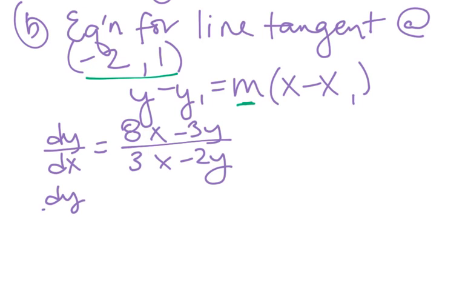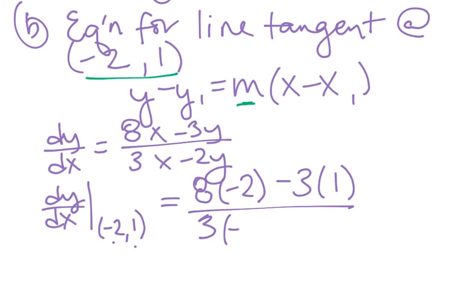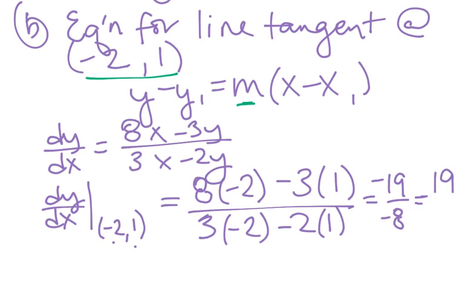Now I'm going to take the derivative specifically at (-2, 1), so I can plug in the x and y values. So now I have 8 times negative 2, minus 3 times 1, over 3 times negative 2 minus 2 times 1. When I plug that in, I get negative 19 over negative 8. That simplifies to 19 over 8.